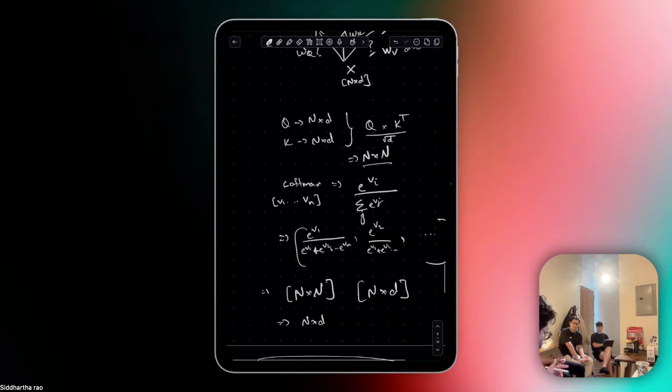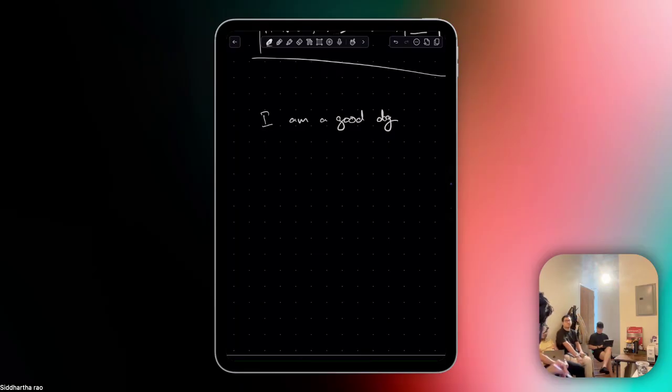Let's say again, I am a good dog. In autoregressive modeling, what we said was: I predicts am, I am predicts a, I am a predicts good, I am a good predicts dog. But what they do is they mask tokens, like mask dog, mask am.